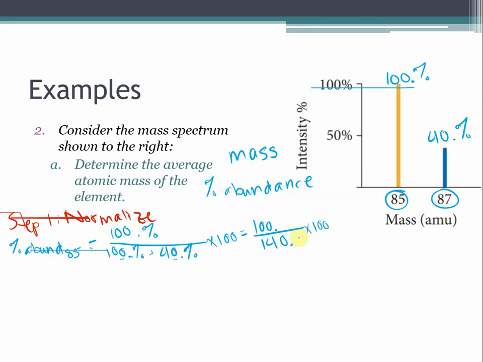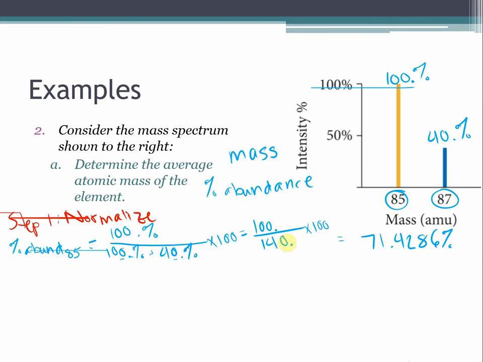And then doing our division here, 100 divided by 140 times 100, you get 71.4286%. We are not going to round this because it's not the end of our problem. This is not our final answer. What we are going to do is mark where we would round it so we can keep track of how many sig figs are in our problem.